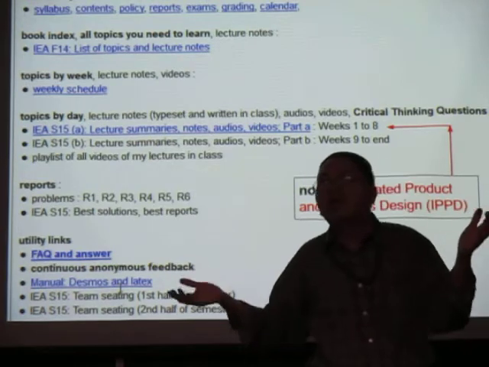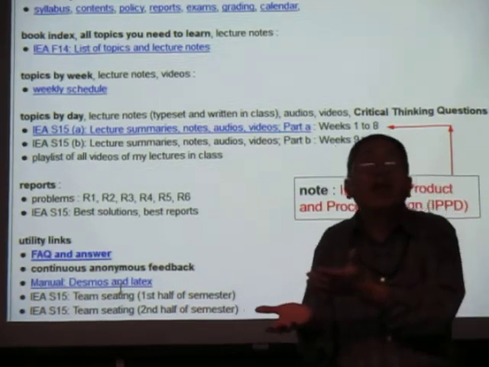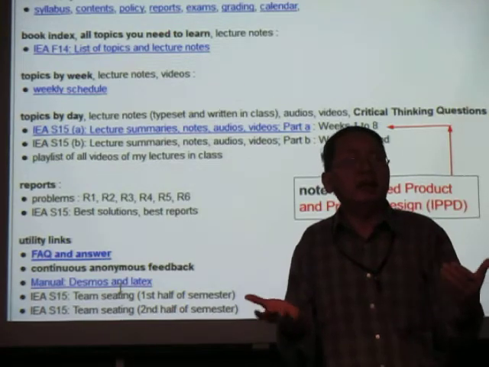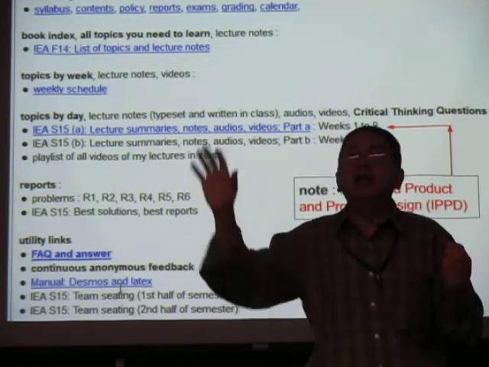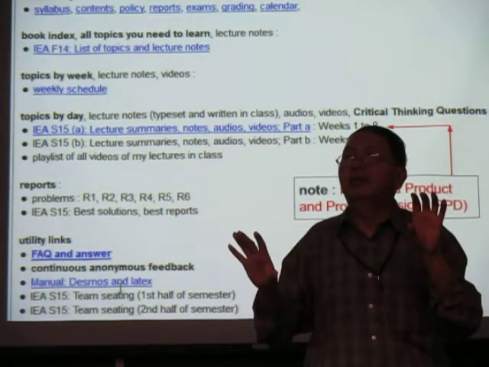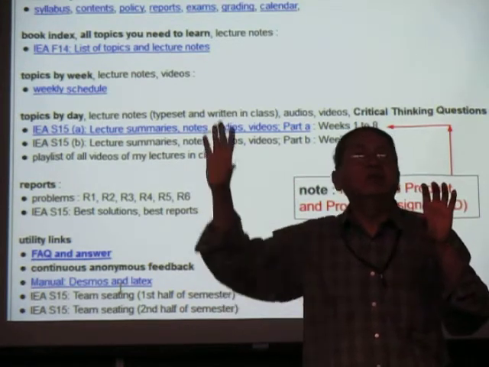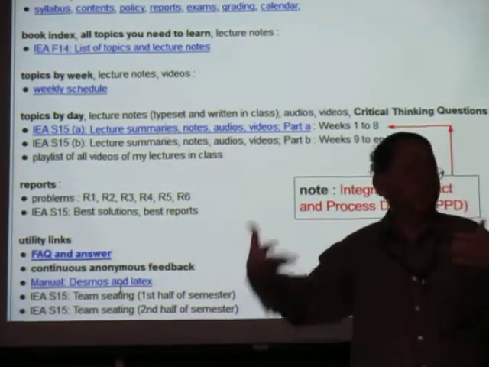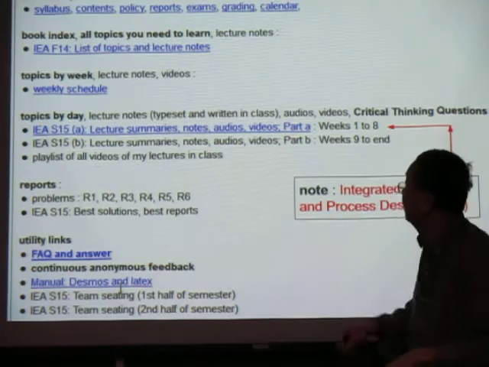I call it a book index because it functions like a book index, since it has my lecture notes in PDF that I typeset myself. You have a list of the topics within each set of lecture notes, so if you search for a topic in the document, you have the corresponding lecture notes.